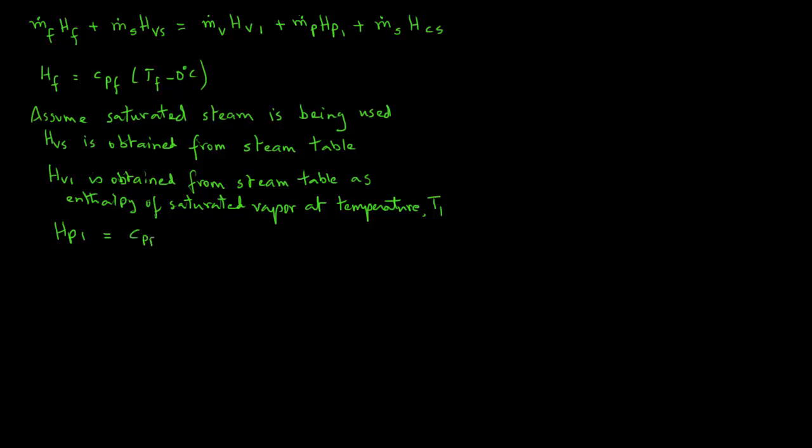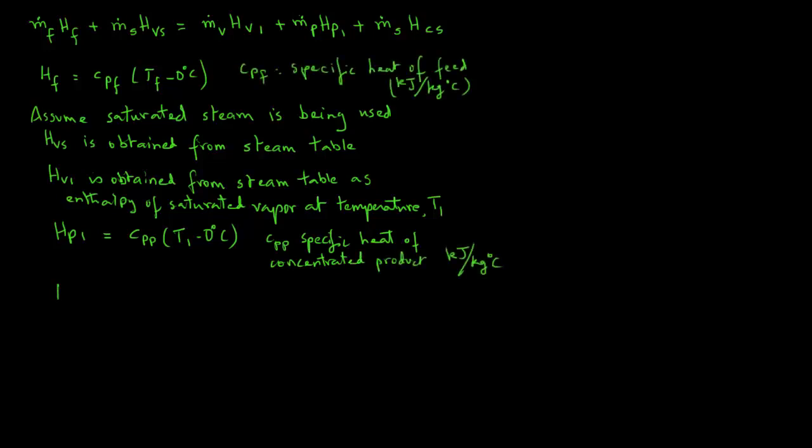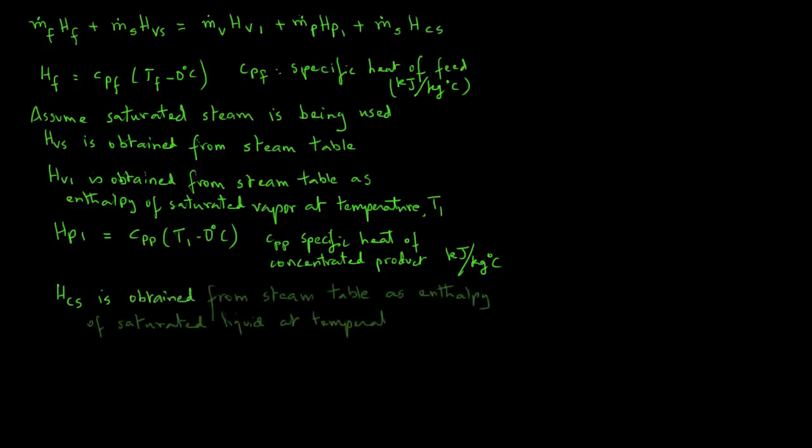So we use the specific heat of the concentrated product, CPP, and multiply that with T1, where T1 is the temperature maintained inside the evaporator, minus 0 degrees C, where 0 degrees C, of course, is the reference temperature. HCS is obtained from steam tables as enthalpy of saturated liquid at temperature Ts.